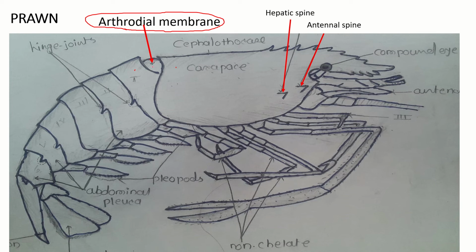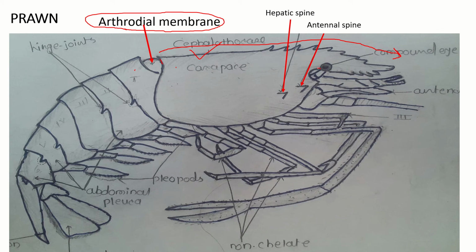In the cephalothoracic sclerites there is a large plate called the dorsal plate, which is continuous with the rostrum.